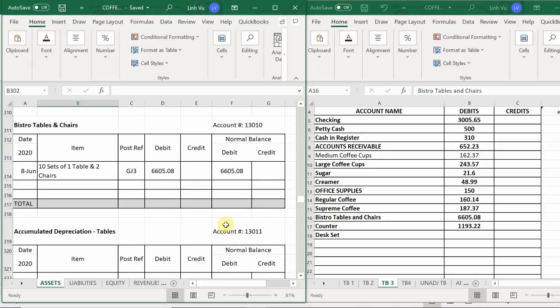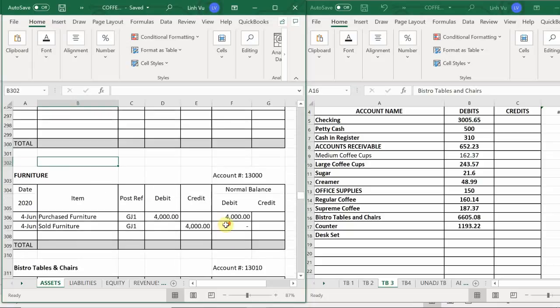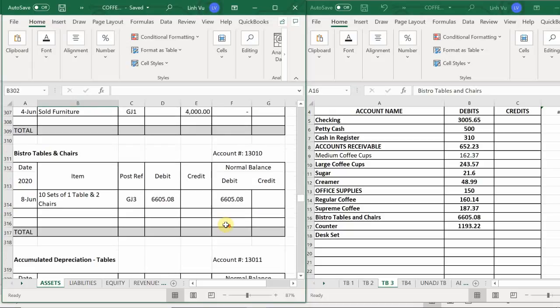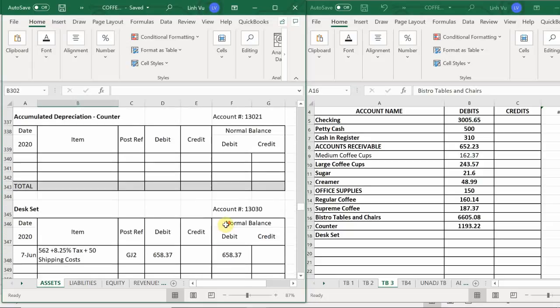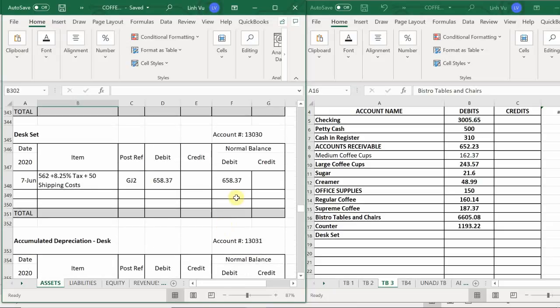Okay, you got the bistro tables and chairs? That's right after regular coffee or supreme coffee. Let me see here. Bistro tables and chairs. Okay, thank you. Then we have the counter. Then we have a desk set.